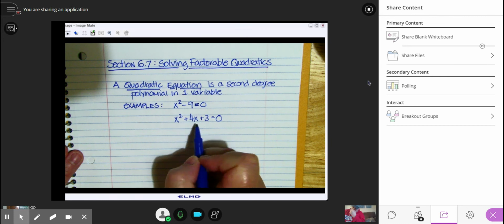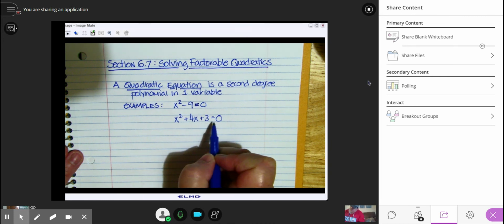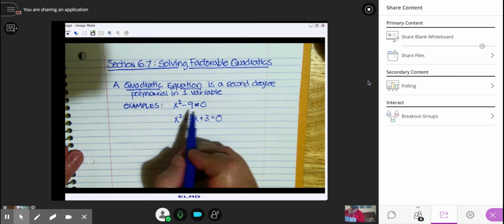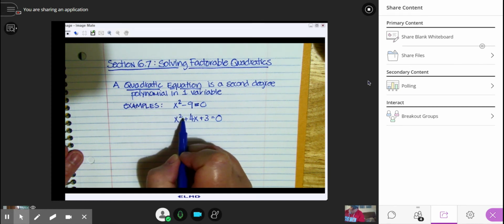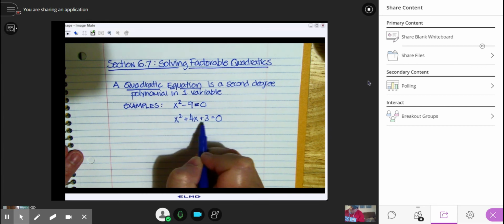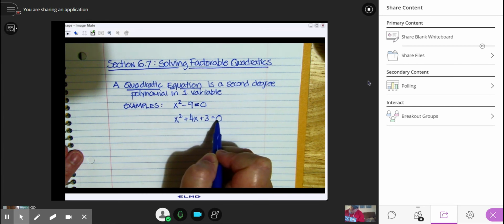x squared plus 4x plus 3 is equal to 0. This is a second quadratic equation. It is degree 2. There is one variable only, and I have an equal sign.